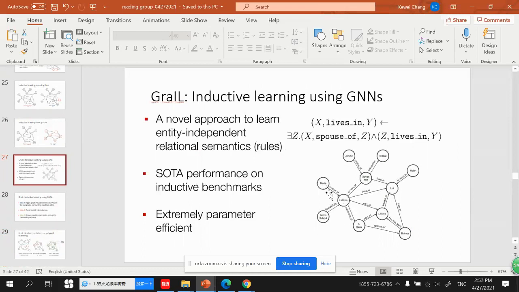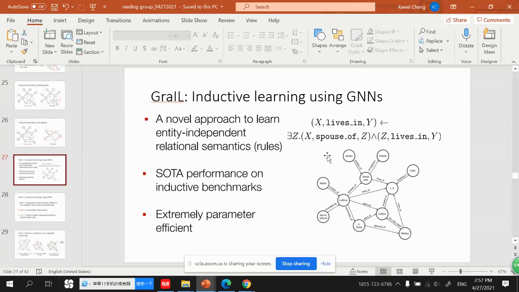As long as we can observe this path, we can predict that there will be a link connecting the entities X and Y, and this link is specified by the head relation of this logical rule.